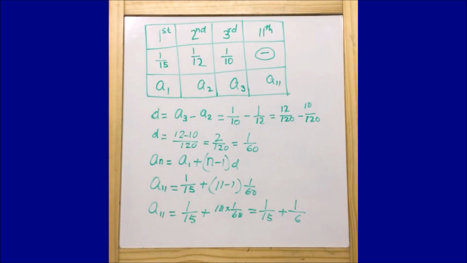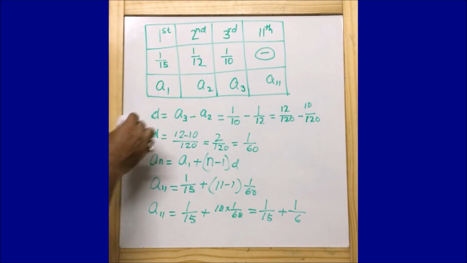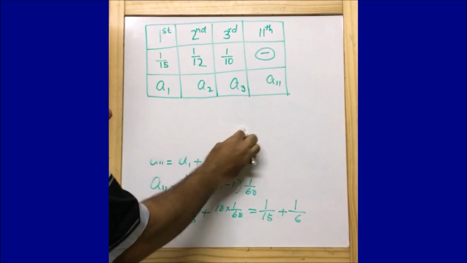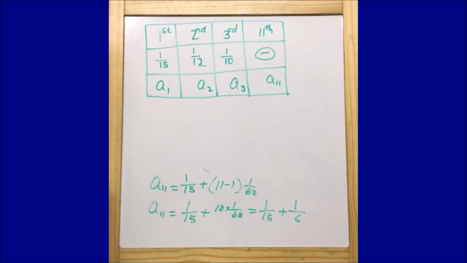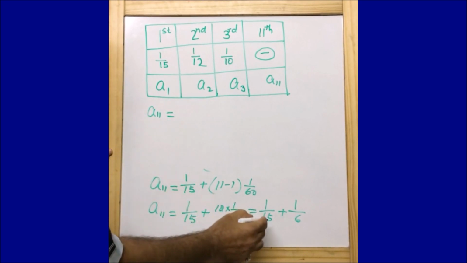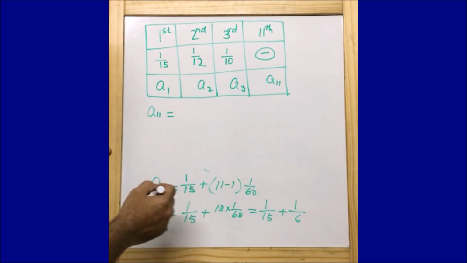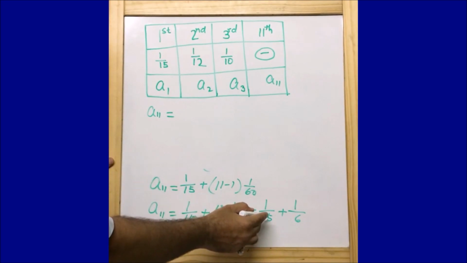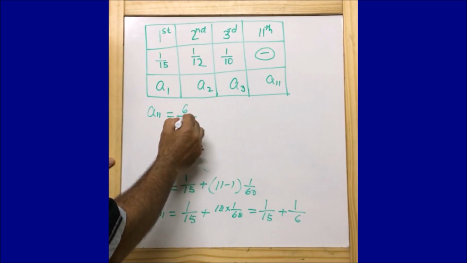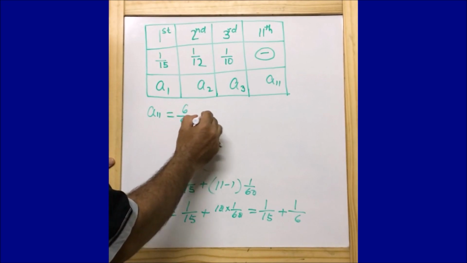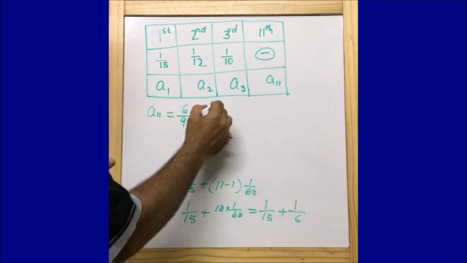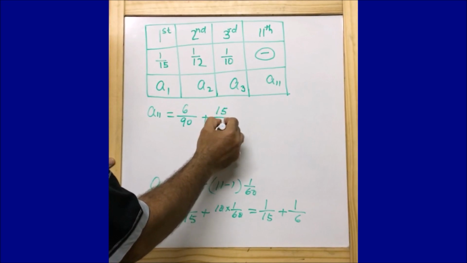Now, further solving this equation, A11 is equal to: here I can see 15 and here I can see 6, so let me multiply 6 in the numerator and denominator, getting 6/90, plus, multiplying 15 in the numerator and denominator, 15/90.